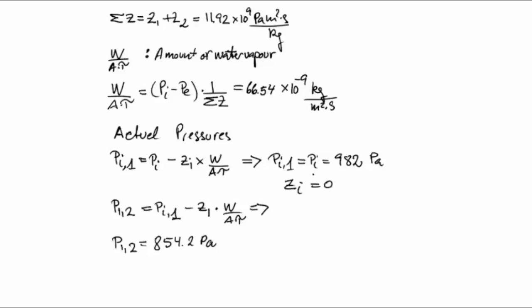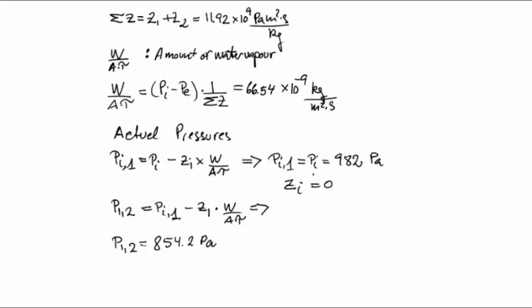I now set up the next equation, and what I'm looking for now is the pressure in the next layer, which is called P1,2. And as you can see, I have to use the one I just found, that was 982 pascals. I have to use amount of water vapor, and the value is here.